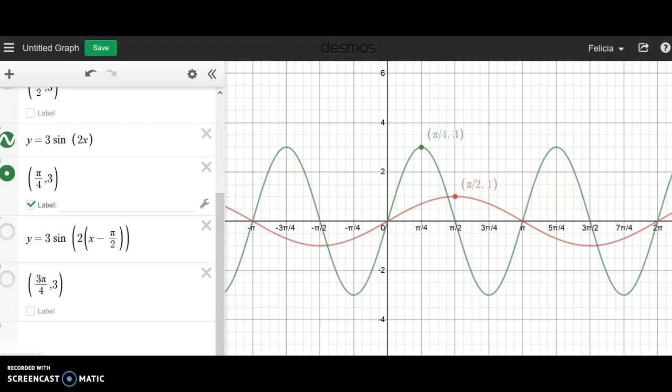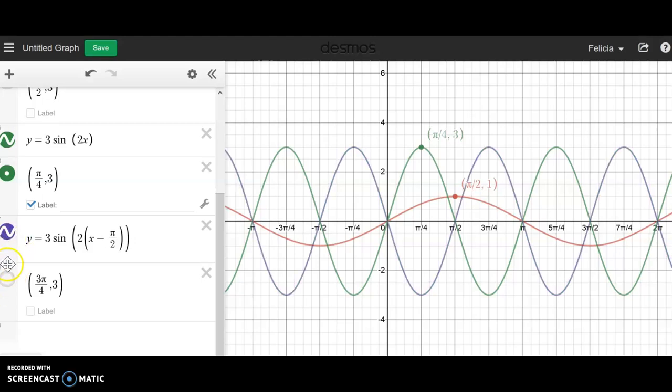And for our last transformation here, we're going to take our graph and we're going to be shifting it to the right pi over 2 units. So let's take a look at what happens with our graph here. I'm going to go ahead and just leave the green one where it is, and I'll turn on my last graph. Right. And let's take a look at that point pi over 4 comma 3.